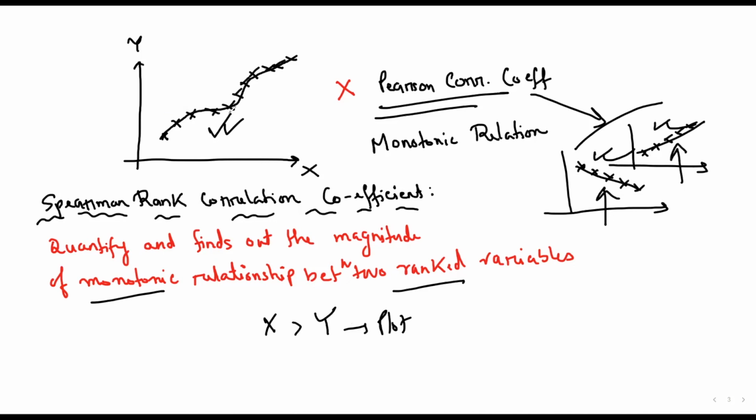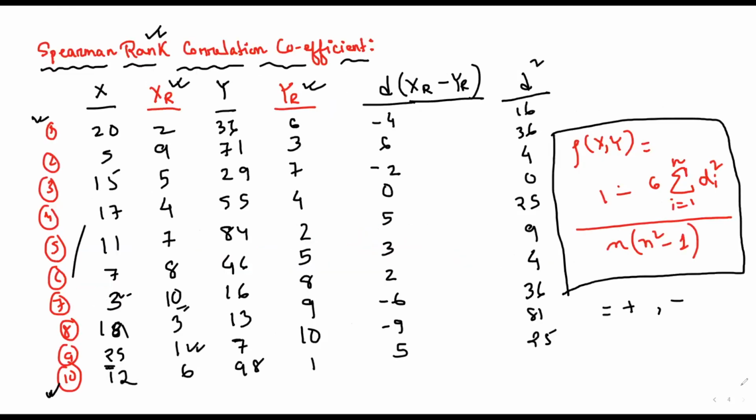If it is kind of like this or like this, you can go with either of them. But if it is only this kind of relationship, you cannot go with Pearson. You have to go with Spearman rank. So this is the difference.